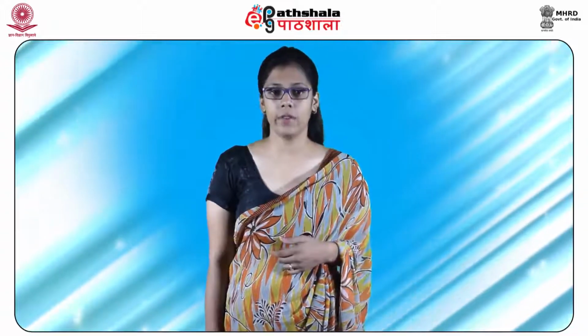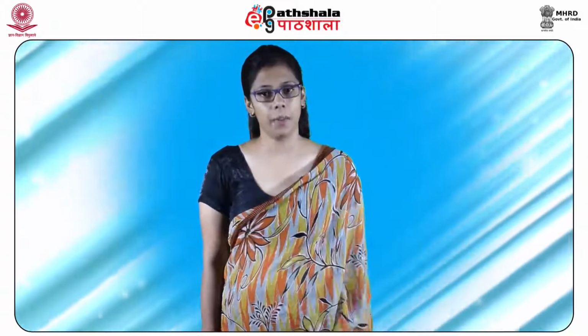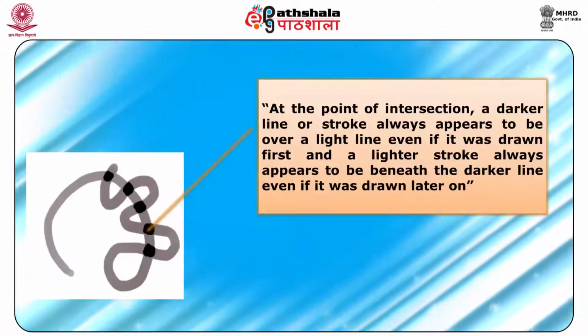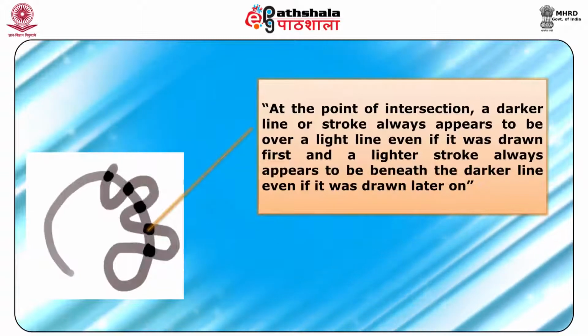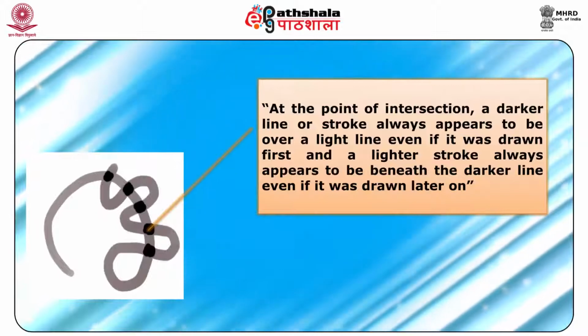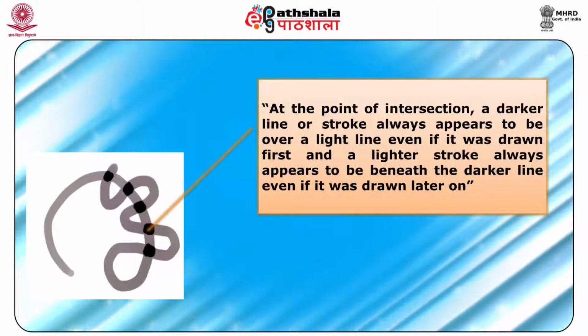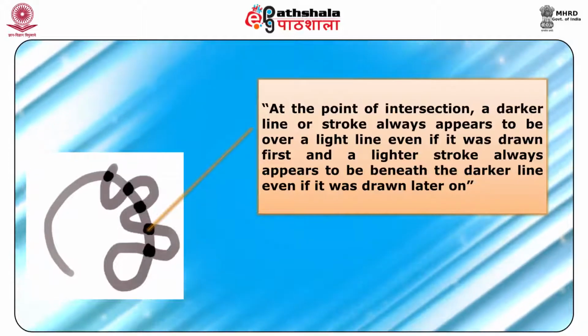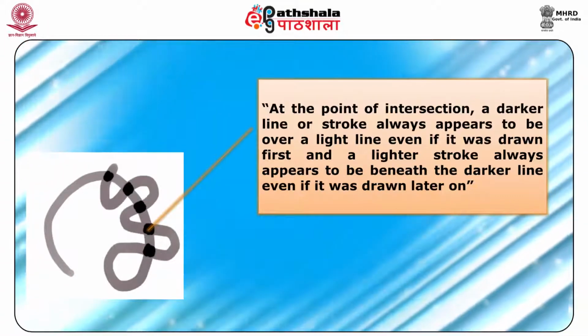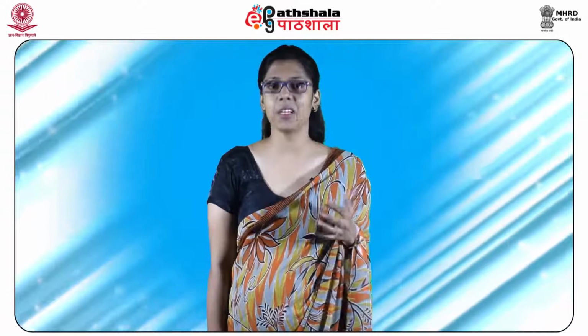The examiner should always keep in mind the optical illusion that at the point of intersection, a darker line or stroke always appears to be over a lighter line, even if it was drawn first, and a lighter stroke always appears to be beneath the darker line, even if it was drawn later. That means the illusion always gives the effect that the darker line was subsequently written.